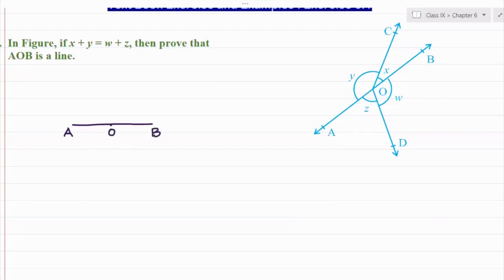So how can we prove it? For example, from the point O, if I draw one ray, and I say this angle is 1 and this angle is 2. So normally how do we use the linear pair?